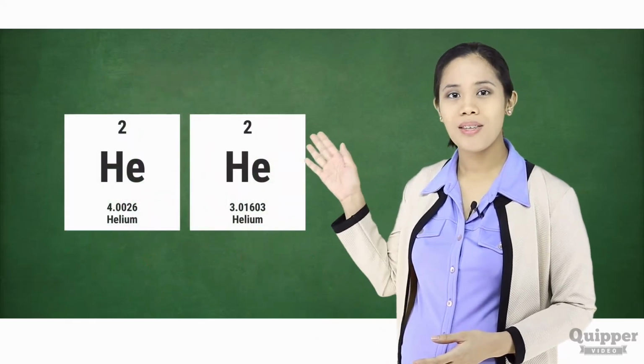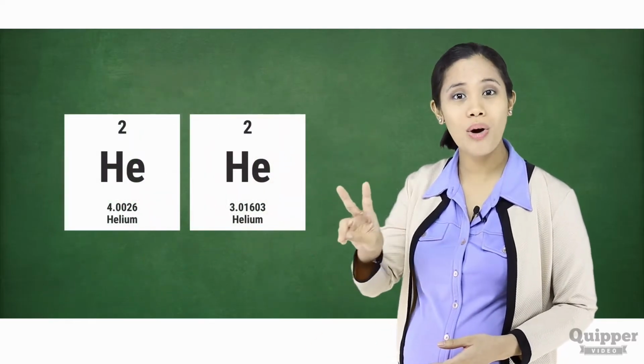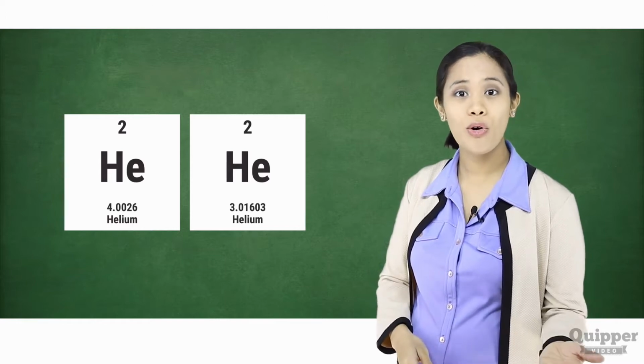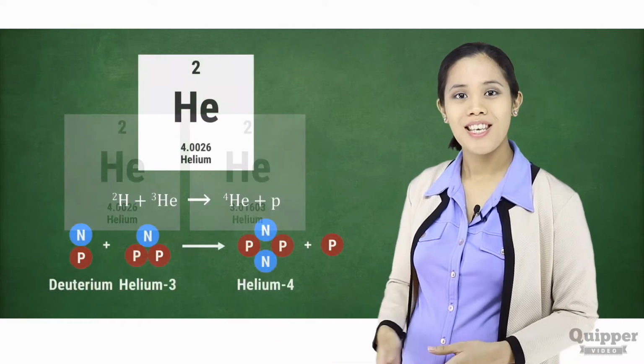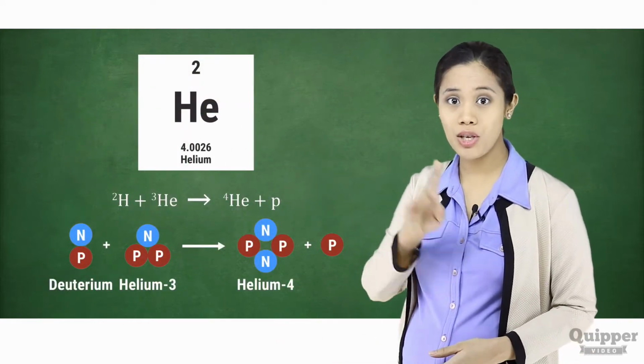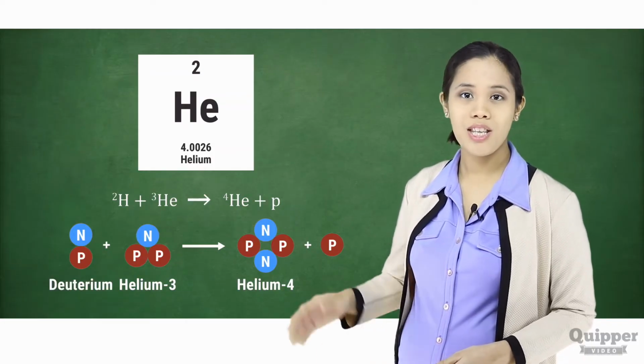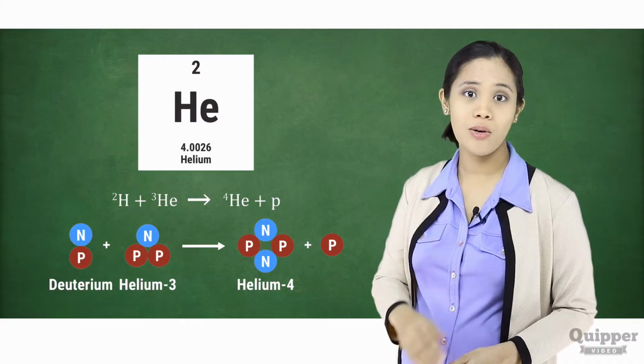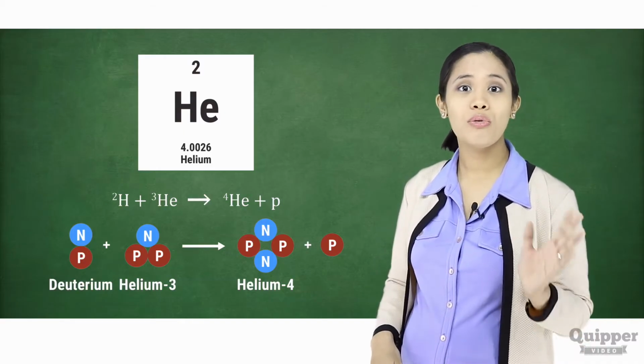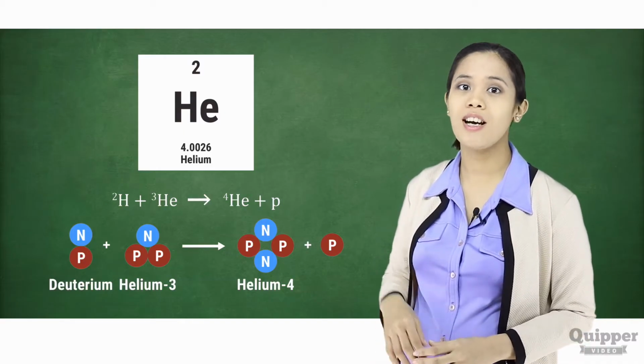As you see, helium also has two isotopes, helium-4 and helium-3. Helium-3 can be converted to helium-4, the more stable isotope. When helium-3 came across a deuterium, they fused to form a helium-4 and a proton.